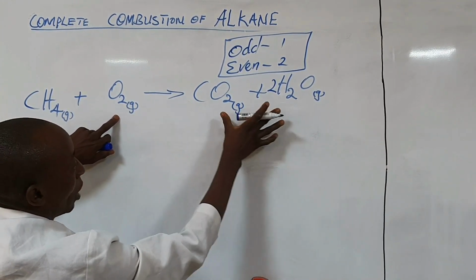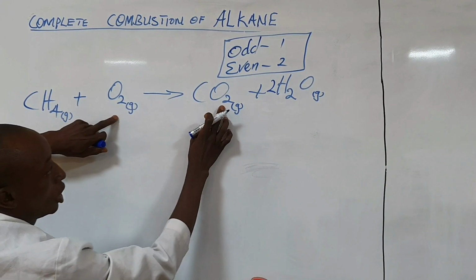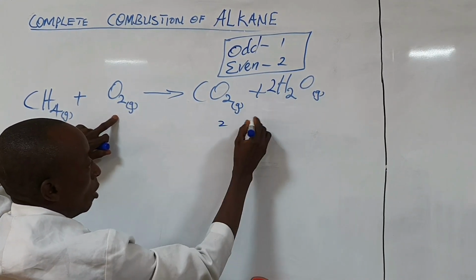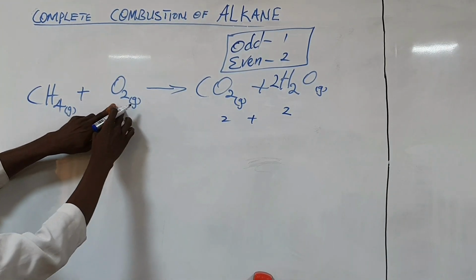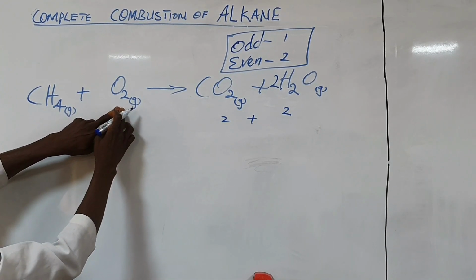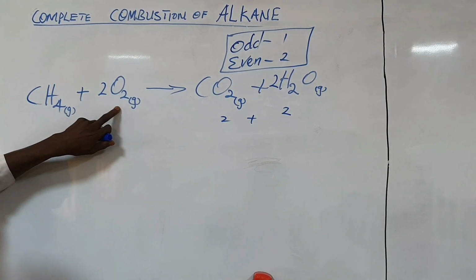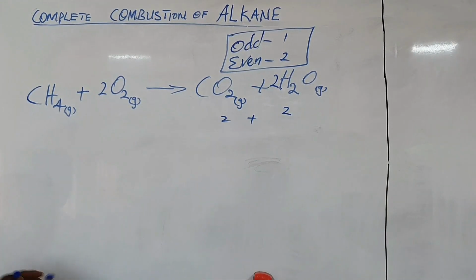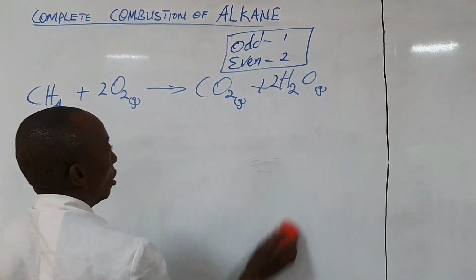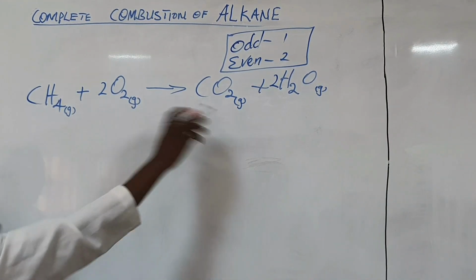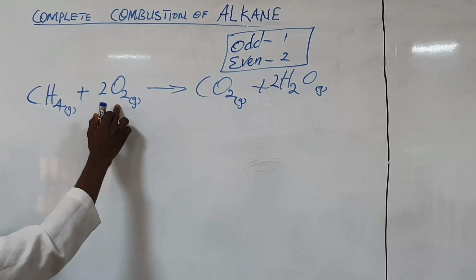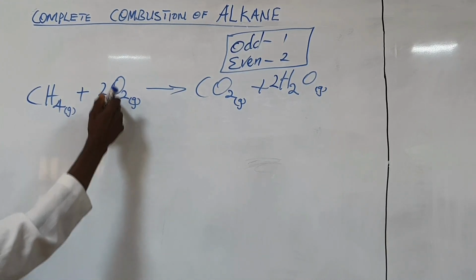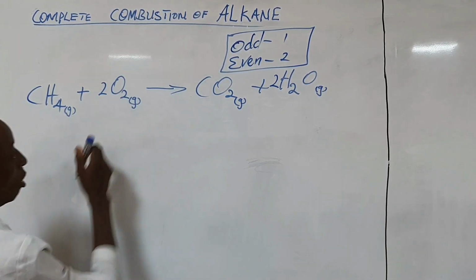From the product side, we have 2 atoms of oxygen here plus 2 atoms of oxygen to give you 4. And there are only 2 atoms of oxygen on the reactant side. To balance that, 2 times 2 making 4. So this is the complete equation for the reaction of methane with sufficient oxygen, which we call complete combustion of methane.